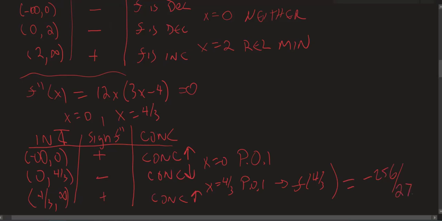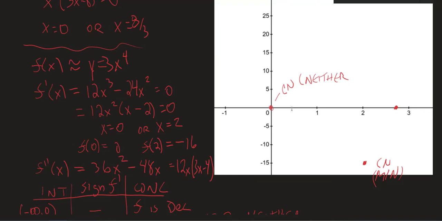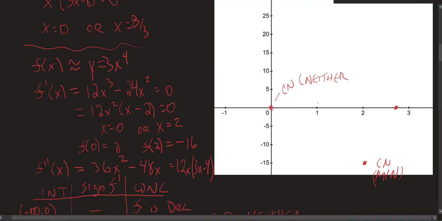Okay, so we can go ahead and plot that on our graph. So 4/3, negative 256 over 27 is almost negative 10. So we'll go 4/3, almost negative 10. And that's a point of inflection.